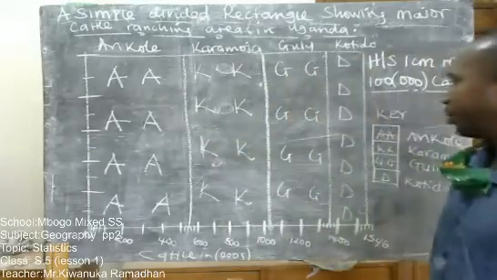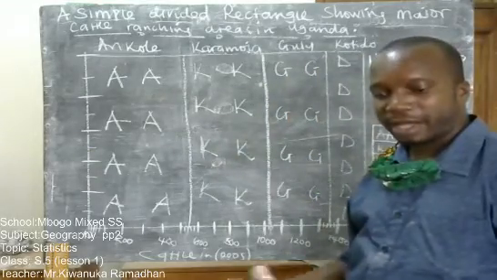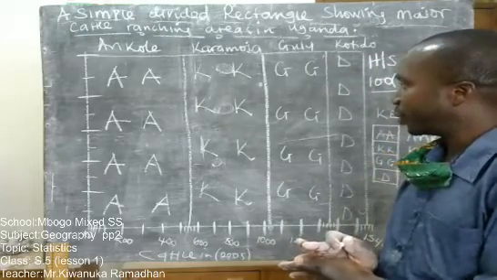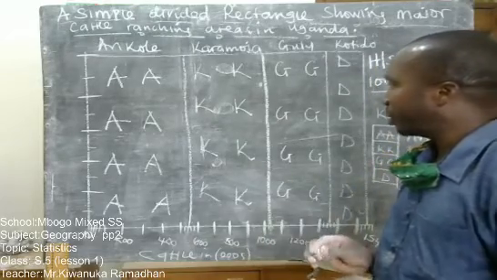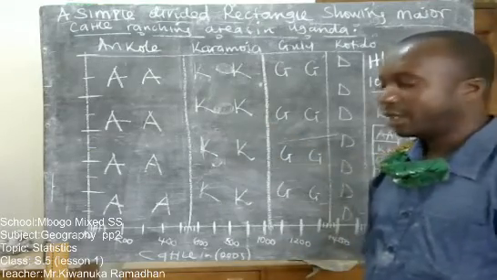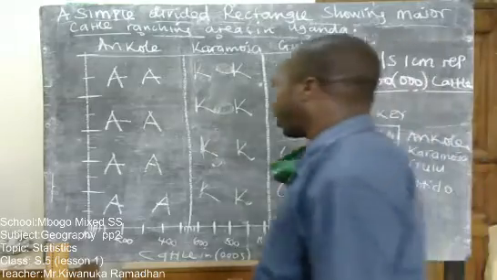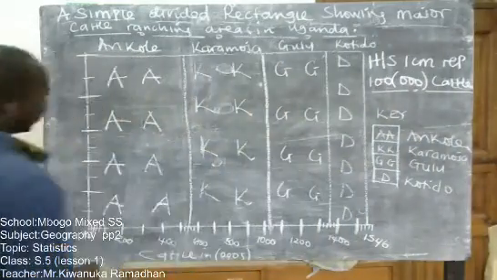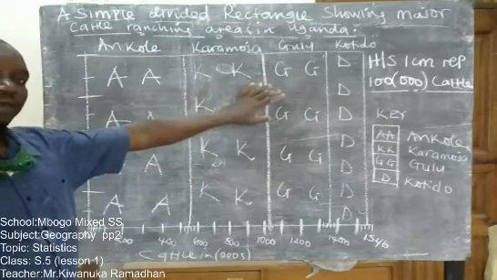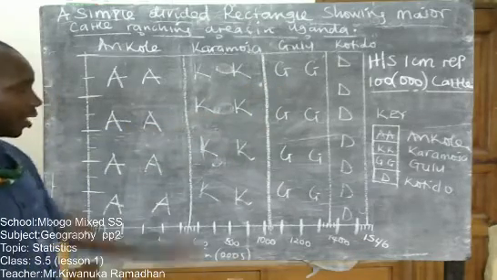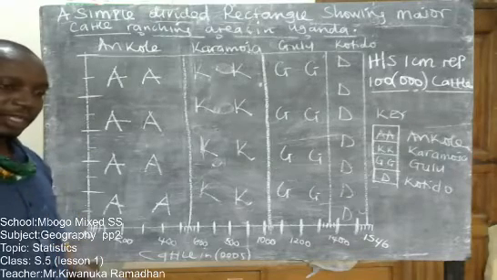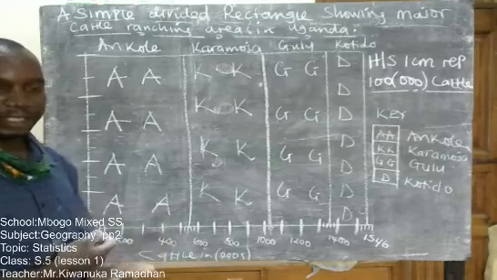Now, after constructing, we are likely to have other questions that come along with the construction. These questions will begin with part B, giving the advantages and the disadvantages of the method. They will say, for example, what are the advantages of the statistical method that we have drawn? We have drawn a simple divided rectangle. If they say, what are the advantages?